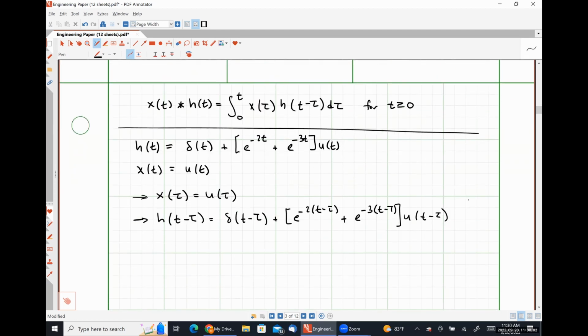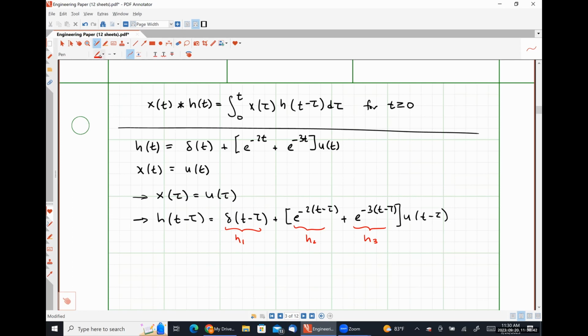So just for simplicity's sake, I'm going to call this thing H1. This part right here is H2. And this part right here is H3, because I'm going to be using effectively the distributive property in order to do this math, right?